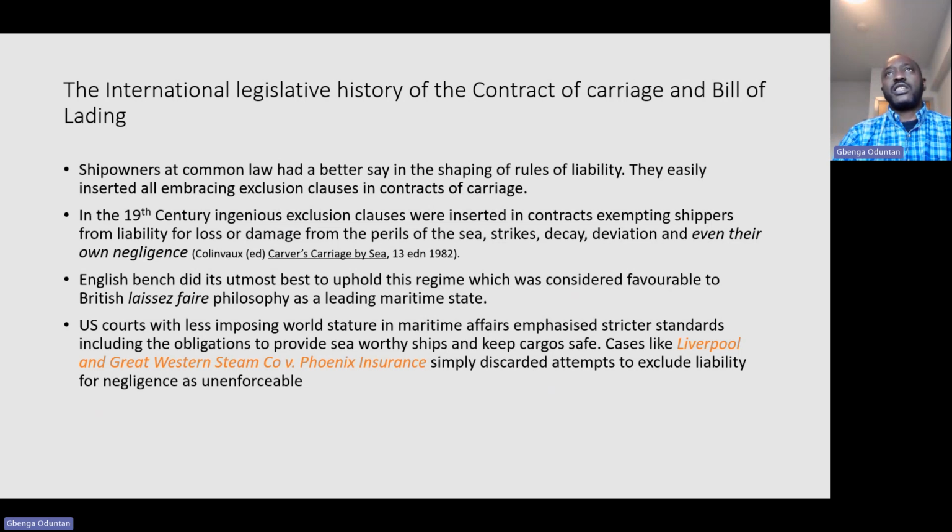Let's move on from the specialist papers and identifying the individuals and parties that usually occur in maritime transportation, carriage of goods by sea, and move to the international legislative history of the contract of carriage by bill of lading.